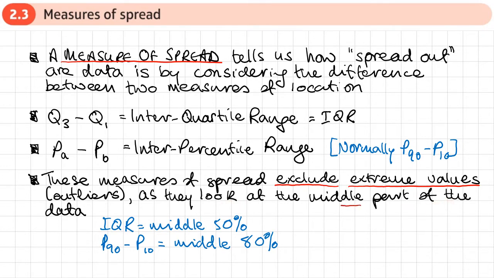So I'll put that word middle in quotes, because if it's the interquartile range, we look at the middle 50% of our data, so the top 25% and the bottom 25% gets excluded. That's where we'd normally expect to see outliers, extreme values. And with the percentiles, if we're doing P90 minus P10, then we're only going to be looking at the middle 80%, again excluding those parts of our data where we would expect to see these extreme values.